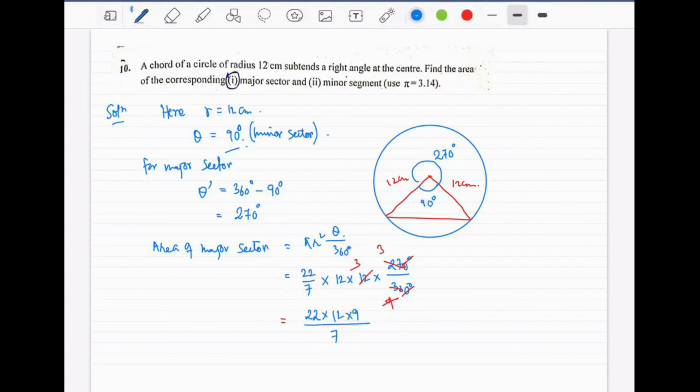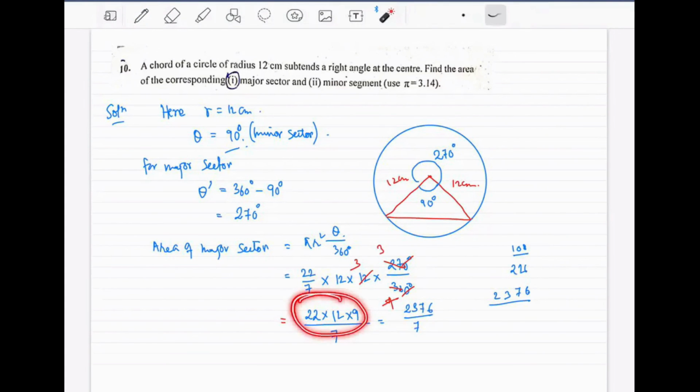Okay, multiply. 12 9s are 108 and 216. So 2376 divided by 7. I multiply this numerator portion, we get 2376.